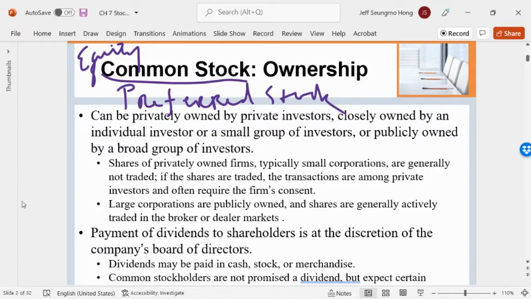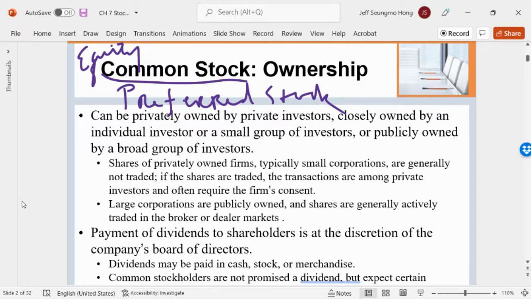Okay, so common stock can be privately owned, meaning the ownership is limited to some private individuals or institutions. That means it's not traded on the stock exchange. If ever it is bought and sold, it's only within this closed group.